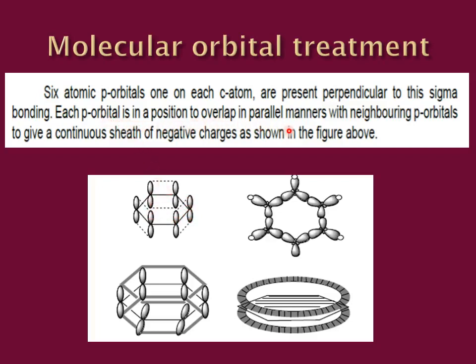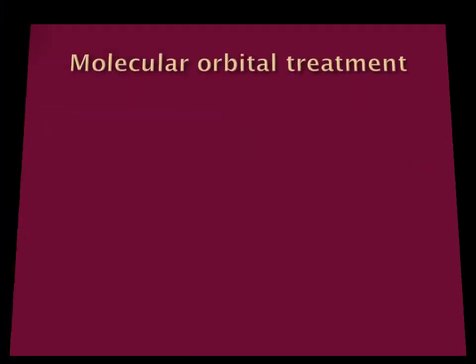Now students, this diagram is showing the sideways overlap. Each p orbital, being coplanar with the p orbitals of the neighbors, can overlap sideways, making a continuous sheet of negative charge above the plane and below the plane. This structure results in extensive delocalized pi bonding which spreads all over the carbon nuclei of benzene.